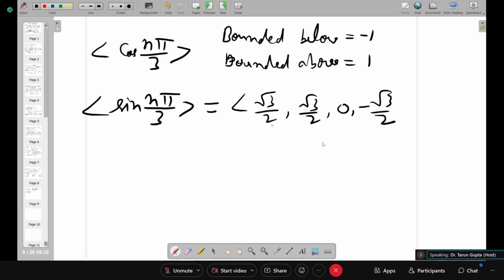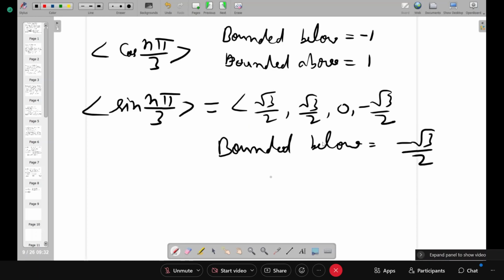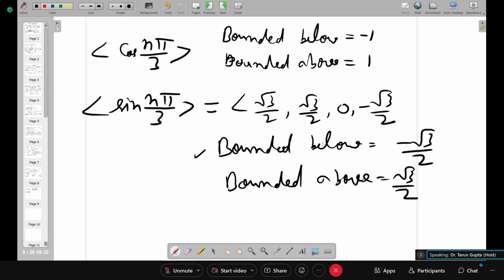So in the range set, the bounded below is minus root 3/2, and bounded above is root 3/2. That is also a bound, because this is not unique.